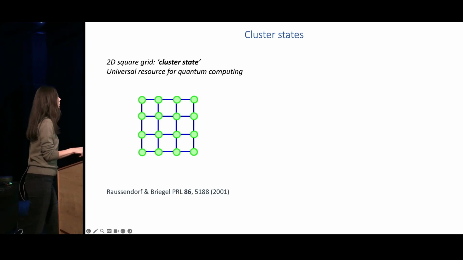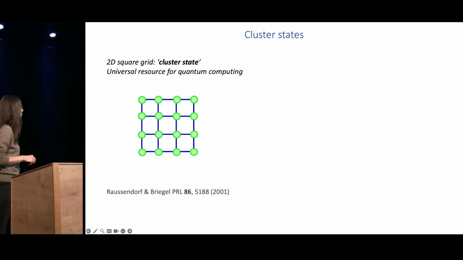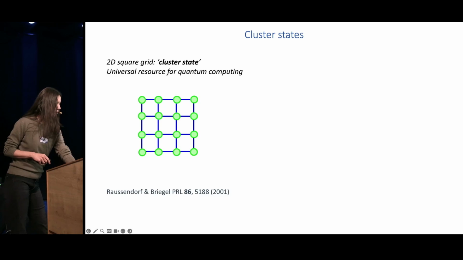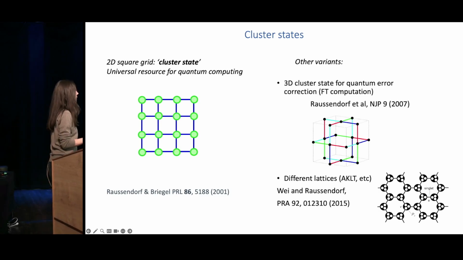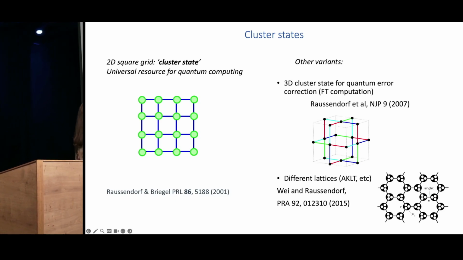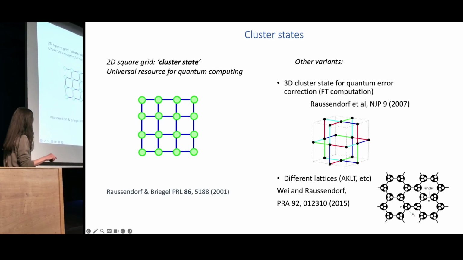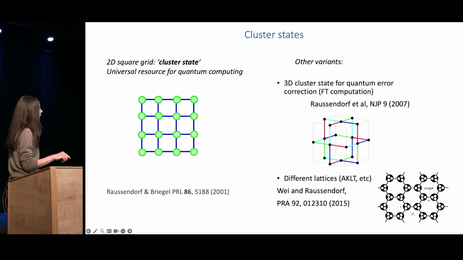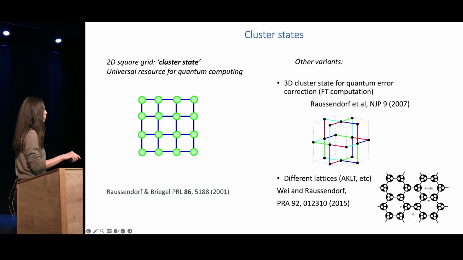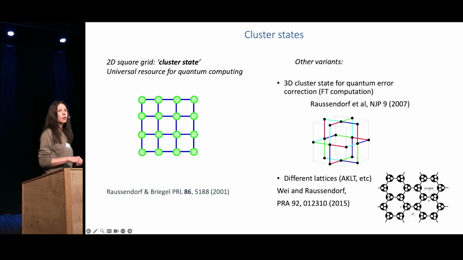And you'll hear a lot in the second lecture about that by one of the inventors. This is not the only state on which you can do quantum computing. There are other lattices. There's a 3-dimensional lattice, also called Raussendorf lattice, where you can do quantum computation in a fault-tolerant way. And then there are other lattices that have kind of stranger-looking structures.